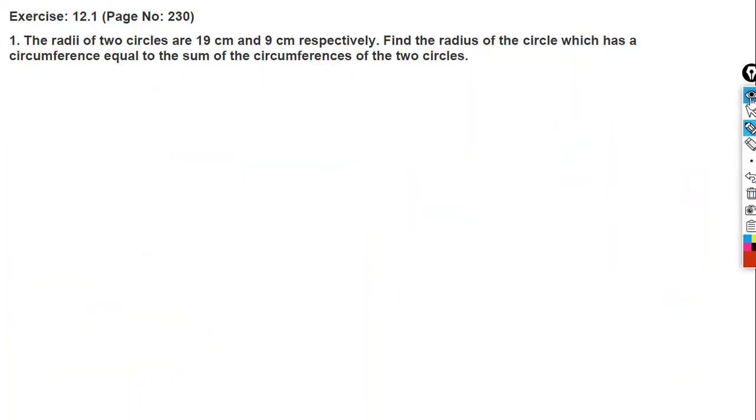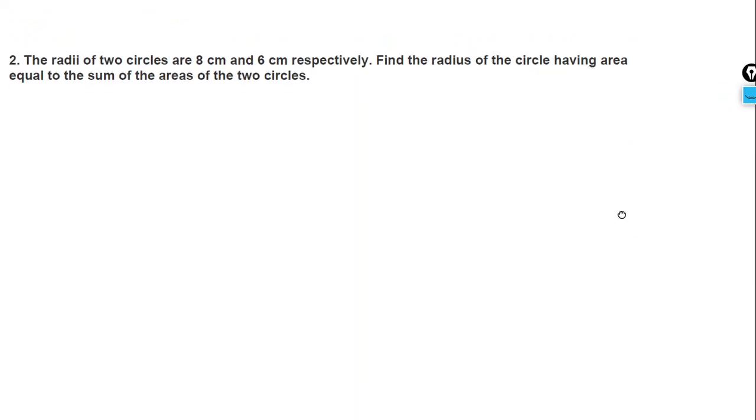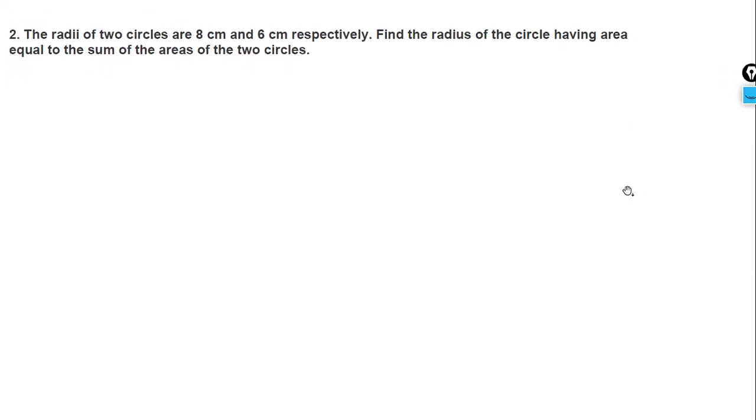Okay, quickly we move to the next question. So here you have the next question, question number 2. Let's read it. The radii of two circles are 8 cm and 6 cm respectively. Find the radius of the circle having the area equal to the sum of the areas of the two circles.